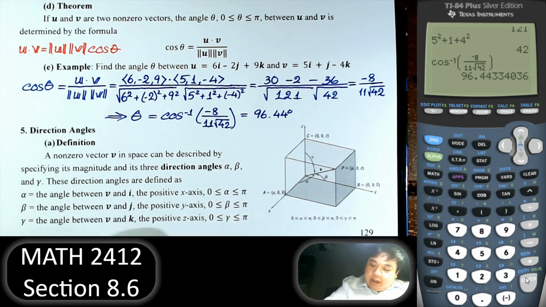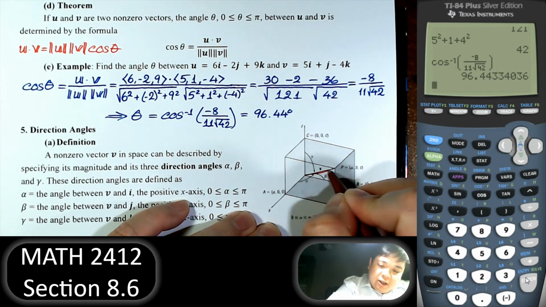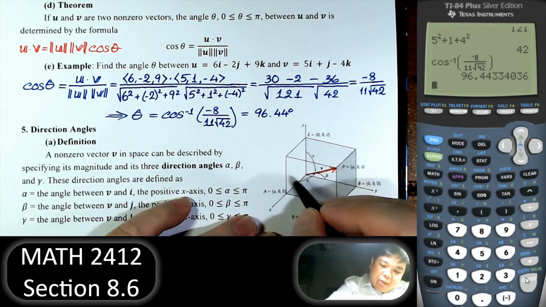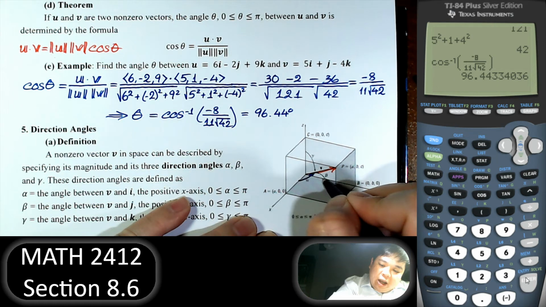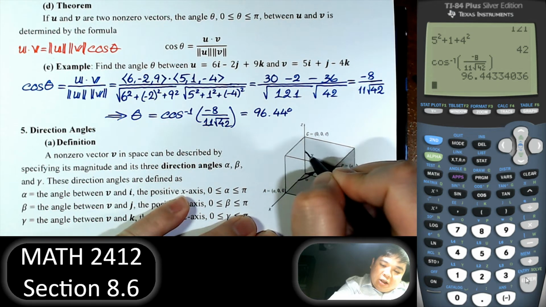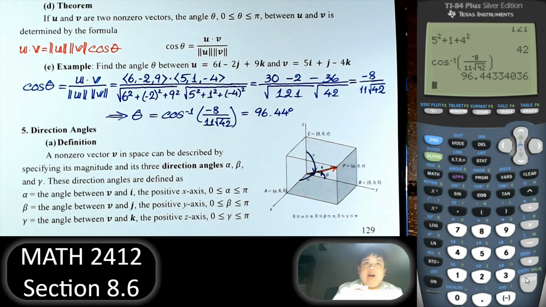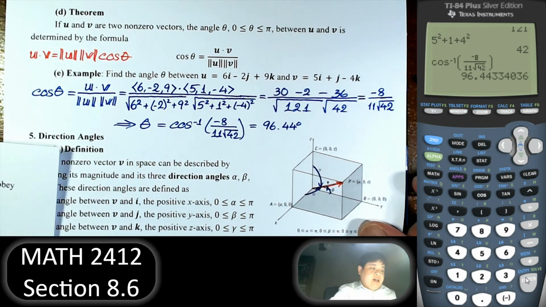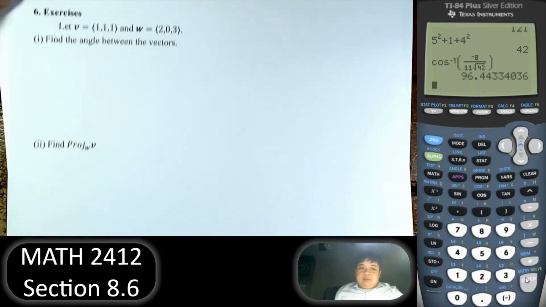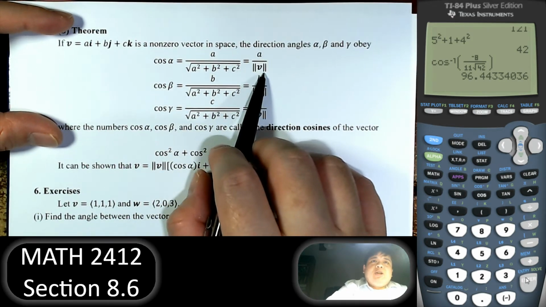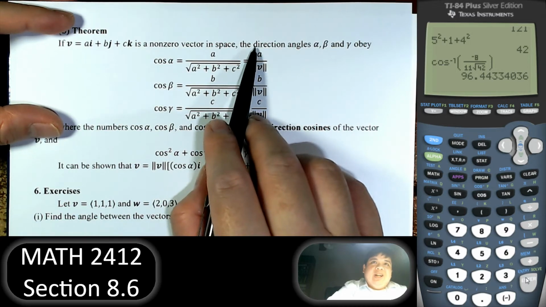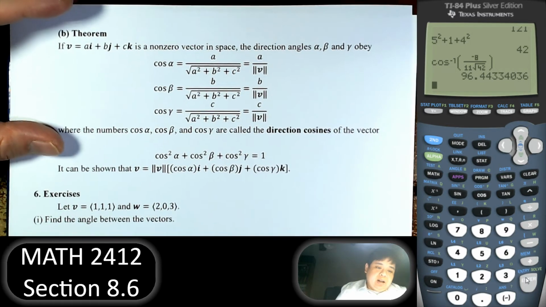So if we have a vector here, we have the vector made with the positive x-axis, the positive y-axis, and the positive z-axis: alpha, beta, gamma. It can be shown that cosine alpha is that, pretty much cosine adjacent over hypotenuse. So that's why we come up with these components.